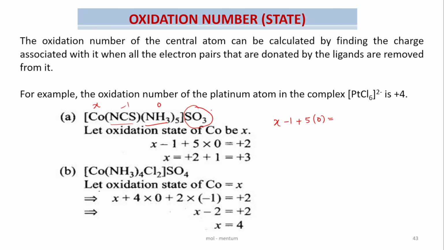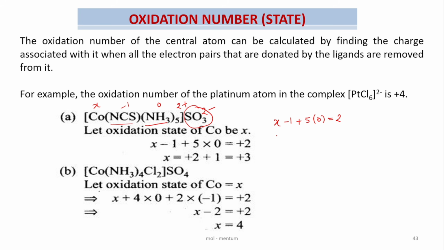And what is the charge on the sulfite ion? SO3 is 2 minus, like sulfate, SO4 2 minus. Similarly, we have SO3 2 minus. So if the charge on this anion is 2 minus, that means this complex must be 2 plus, because these salts are always neutral. So if the complex has a 2 plus charge, we put it equal to plus 2.